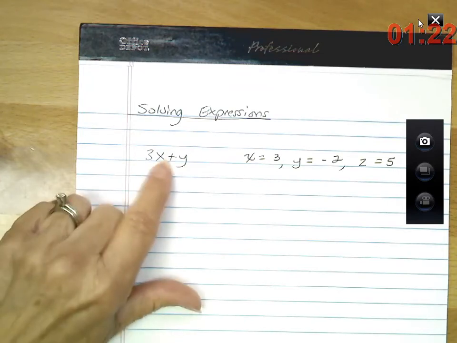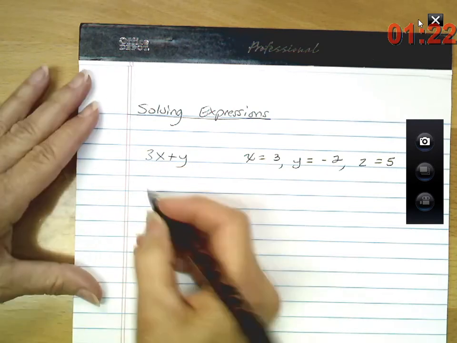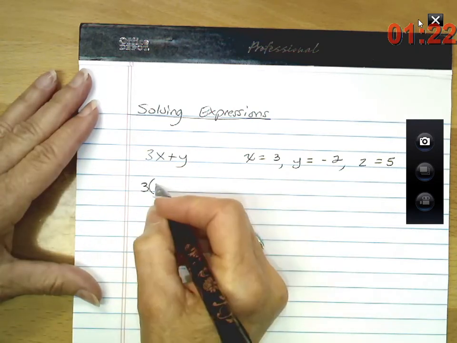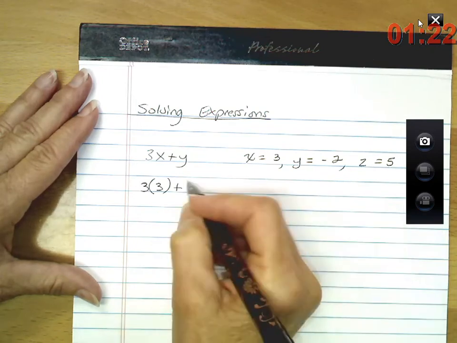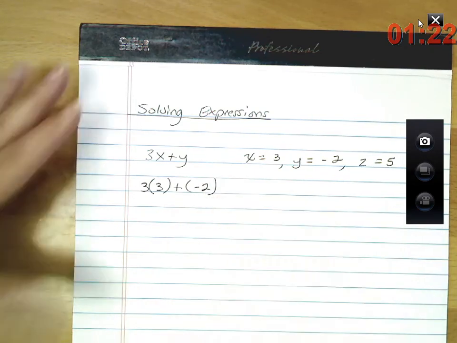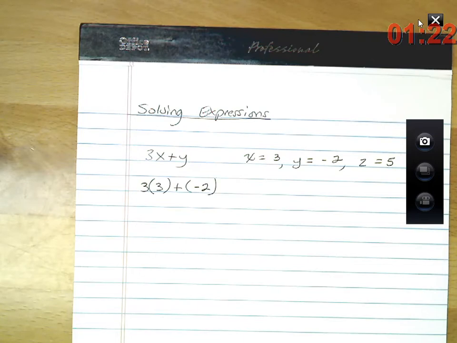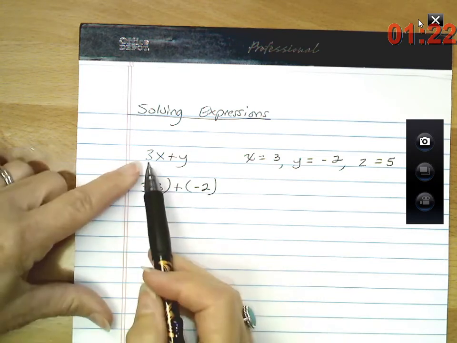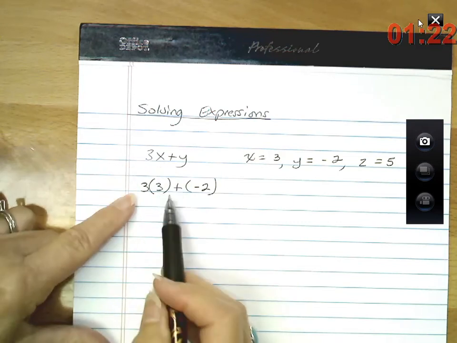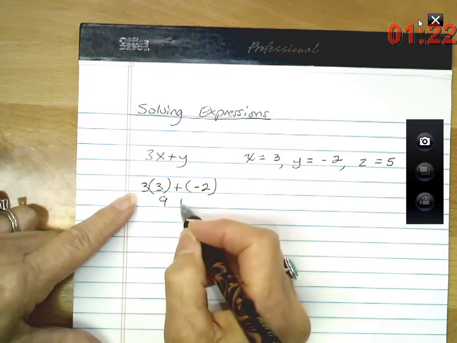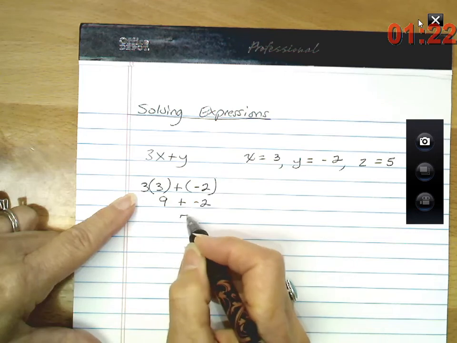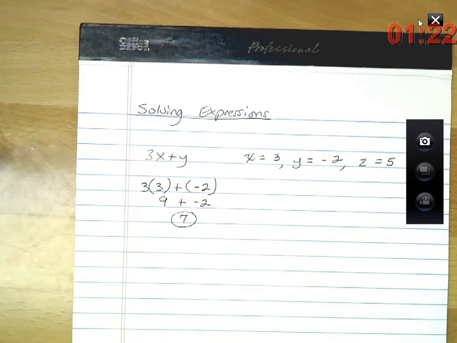Now this one has 2 variables in it. So in place of the x, we put in a 3, and in place of the y, we put in a negative 2. Most of the time, if I think of it, I always put it in parentheses so that I won't get mixed up. Because this means 3 times whatever x is. So if x is 3, that's a 9, and then plus a negative 2, which gives you a 7. So all you're doing is, they'll give you what x, y, and z is equal to, and then you stick it in and find your answer.